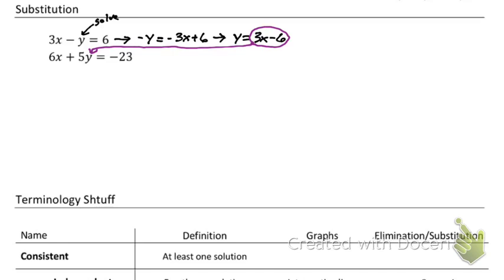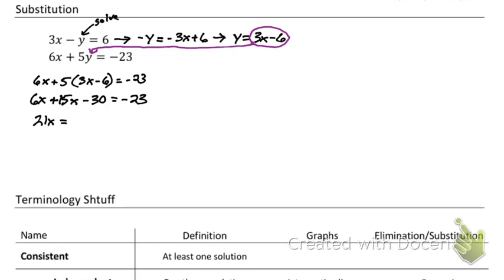So we're going to go ahead and plug that in, which will give me 6x plus 5 times, in parentheses, 3x minus 6 equals -23. Now we need to solve it. So 6x plus 15x minus 30 equals -23. 6x plus 15x, that's going to be 21x.